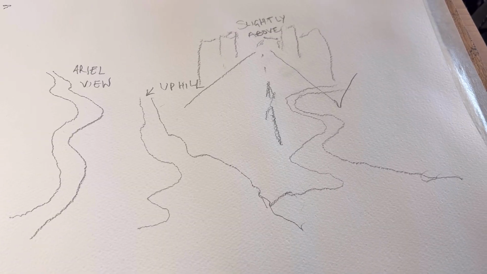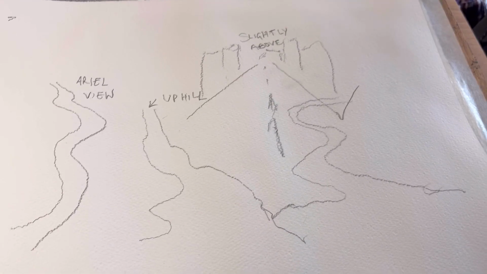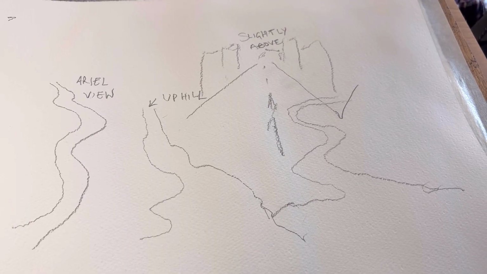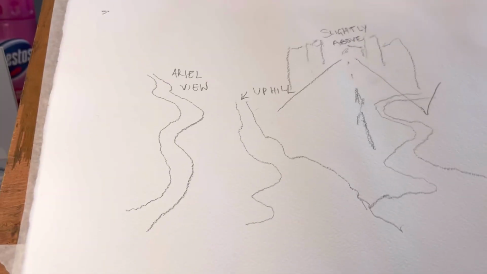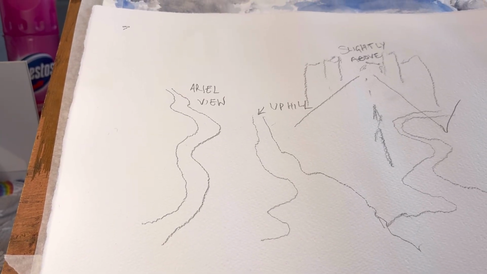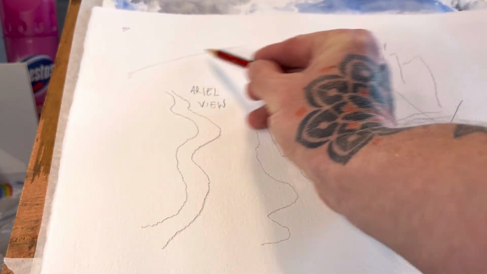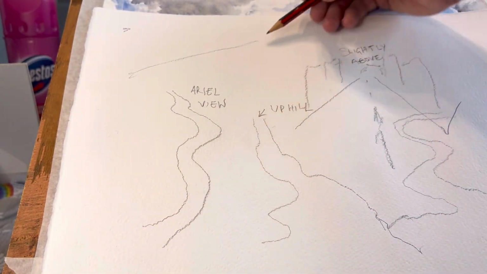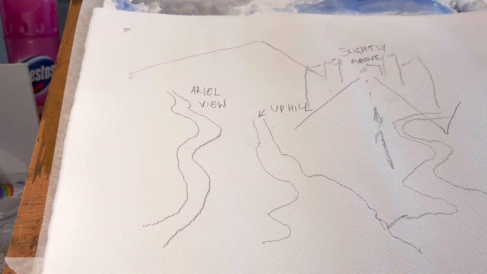You'd probably want a wider bottom, so this would be slightly above, so you're looking a little bit down. If you relate this to water as well, you would want more of this sort of shape if you're on the riverbank.